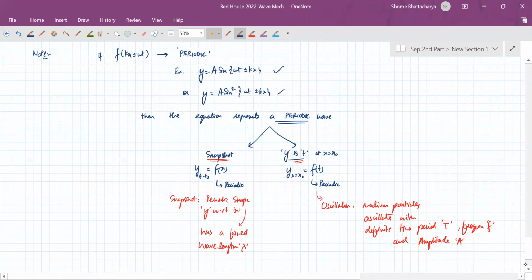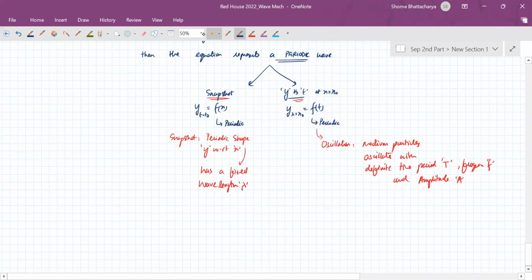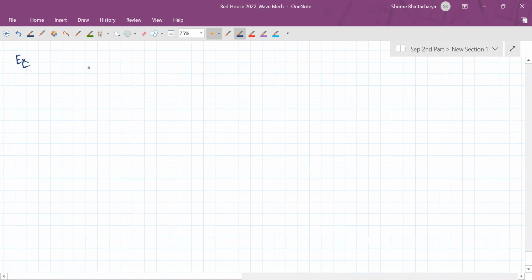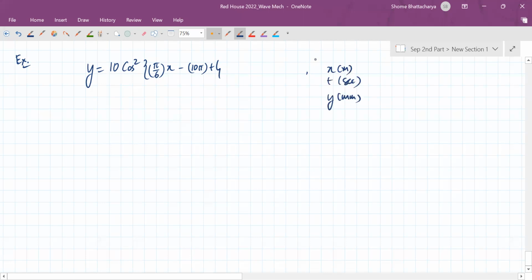Okay, so let us understand this with an example. So if we have a function, let's say like this, where x is in meters, t is in seconds, and y is in millimeters.